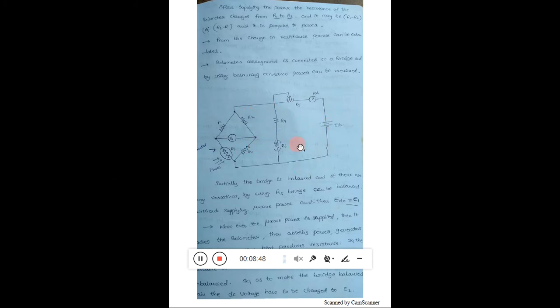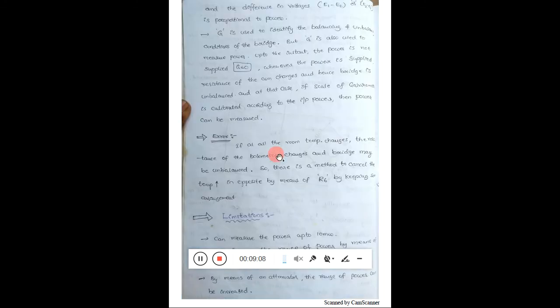Otherwise the galvanometer can be used directly as a power reading, since the difference between the readings without power and with power through the bolometer gives the power variation. So like that we can measure the power.